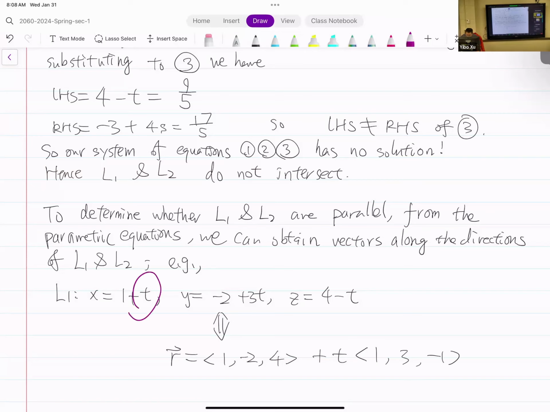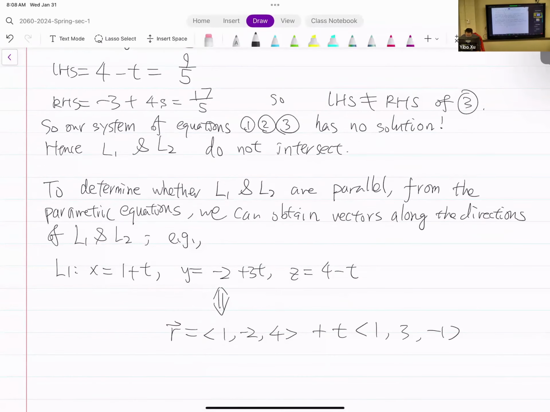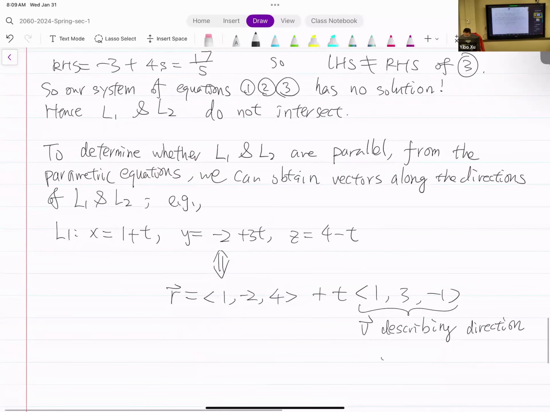Basically, taking the coefficients in front of t will give you the direction along this line. So this part is the vector b that we have for the vector equation of the line. This is describing the direction of the line L1, right?